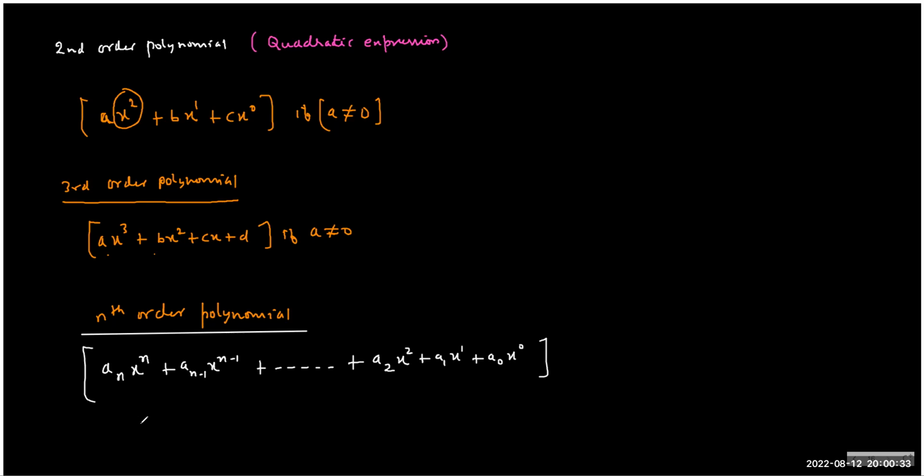You can also represent it in the reverse order. You can say a0 plus a1x plus a2x square, and the last term will be a_n x power n. And here, what is the condition? If this is the nth order polynomial, which term is non-zero? So what should be non-zero, guys? Tell me.